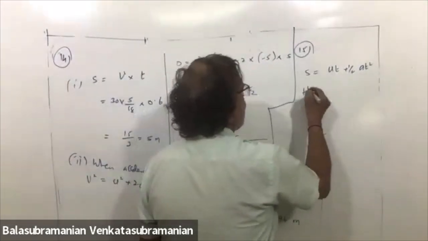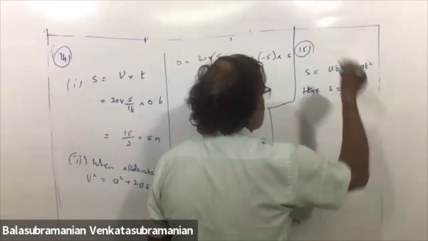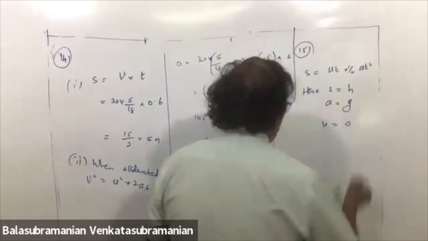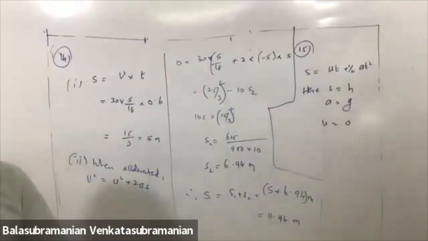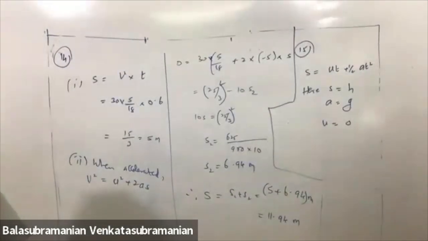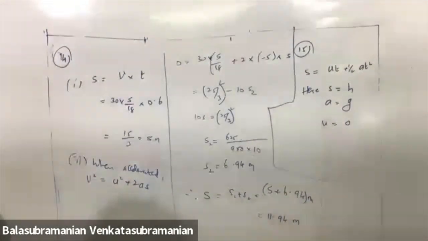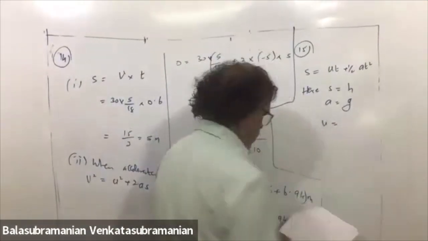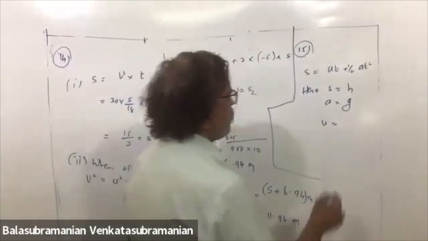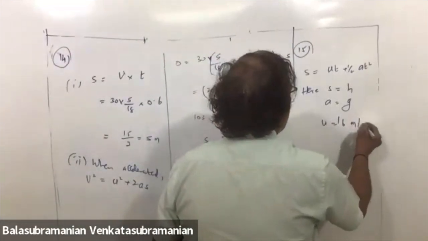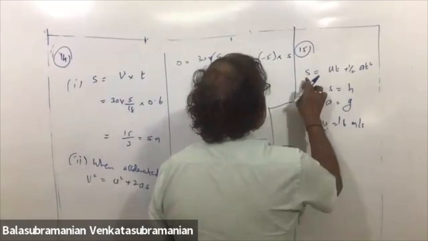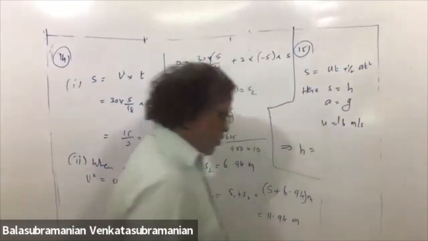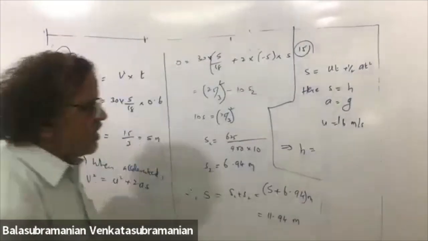Here S is equal to the height, A is equal to g. Now, initial velocity given. What is the value? 16 meter per second. Implies S is equal to H, u into what is the time taken? 4 seconds.